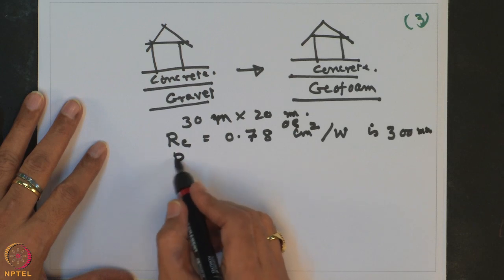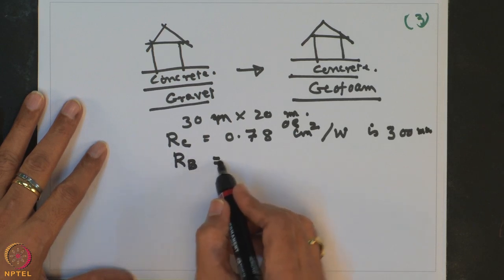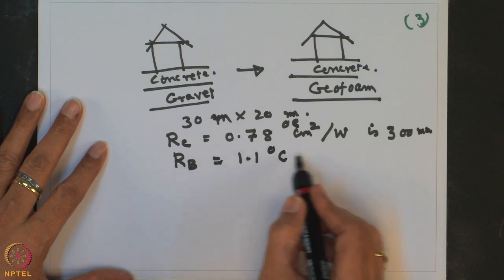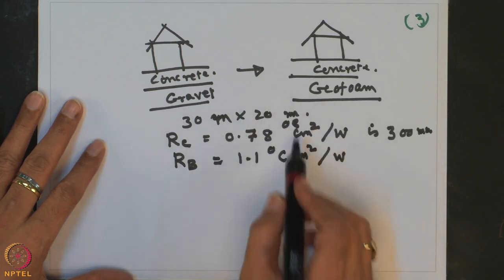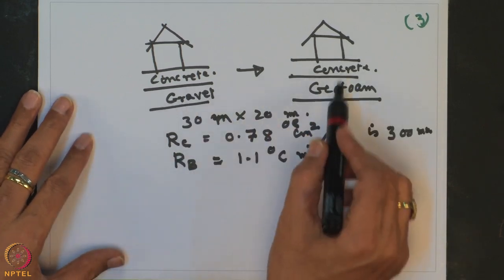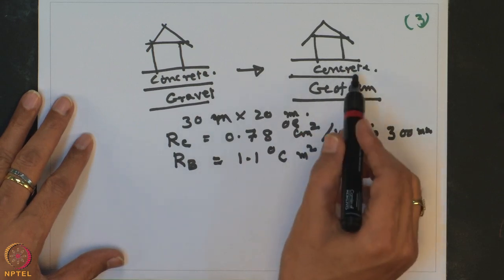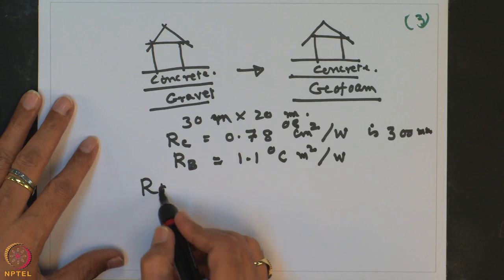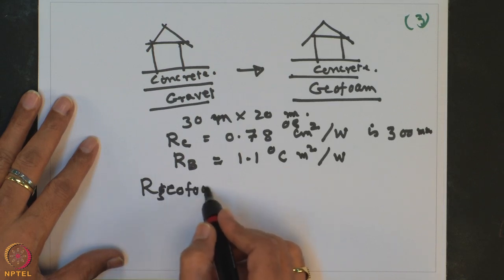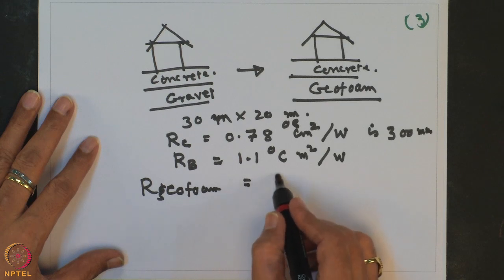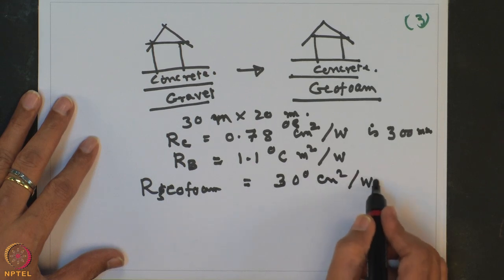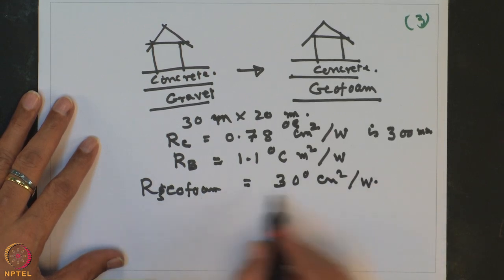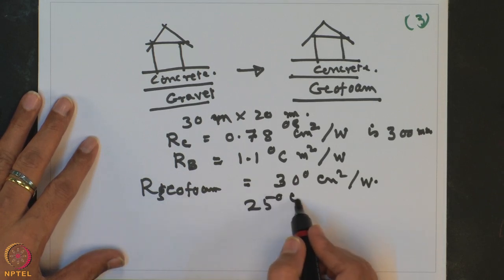Now, the thermal resistance for the brick is 1.1 degree centigrade meter square per watt. This is the traditional system that we adopt. Alternatively, if you adopt the geofoam system, the thermal resistance of EPS geofoam is 30 degree centigrade meter square per watt, and the temperature between the ground and the basement is, let us say, 25 degree centigrade.